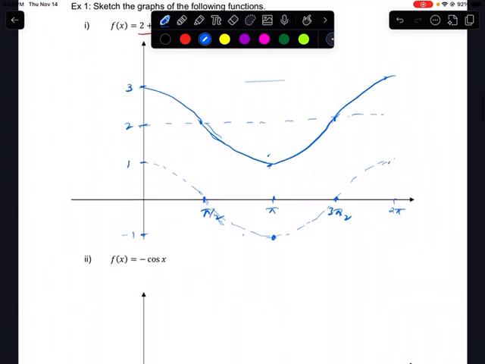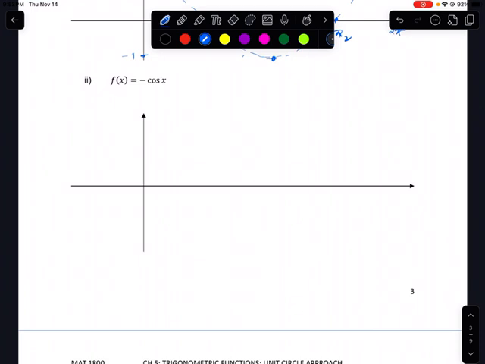Okay, what about negative cosine? So with the cosine function, 2 pi, and then 3 pi over 2, and then pi over 2 here. Okay, so remember, for the cosine function we go like this. This is 1 and this is negative 1. So remember, we go like this, right?